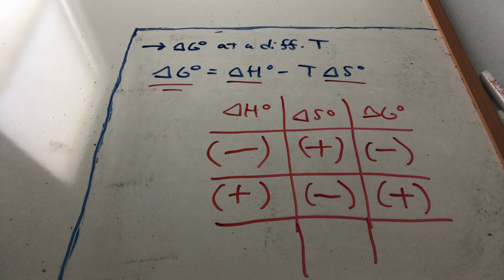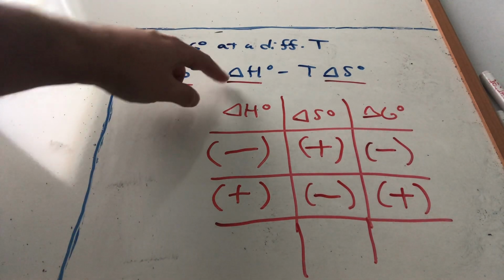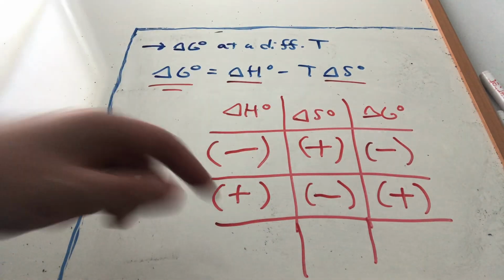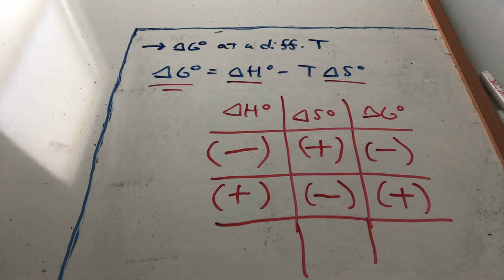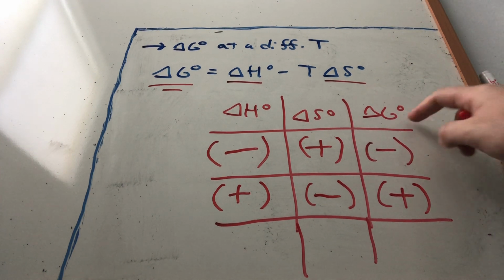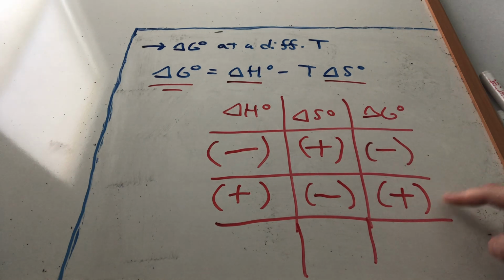Now, why is that important to know? Because if this is endothermic and my disorder is decreasing, my reaction will not be spontaneous no matter the temperature. And in fact, the reverse is spontaneous no matter what. Real important idea is just analyzing in terms of sign convention.